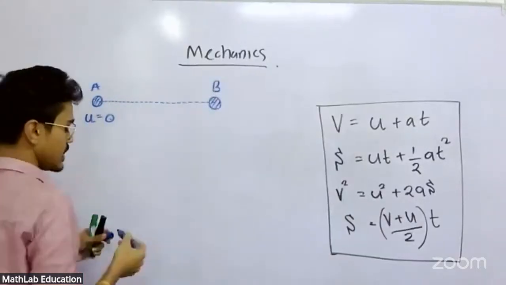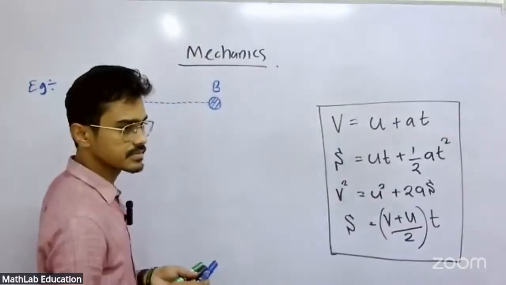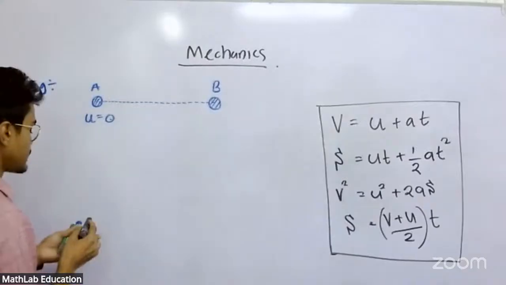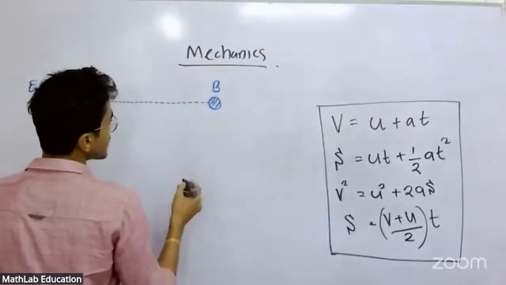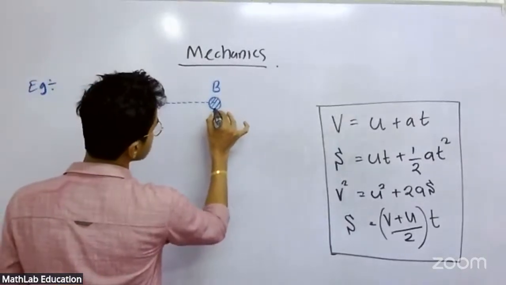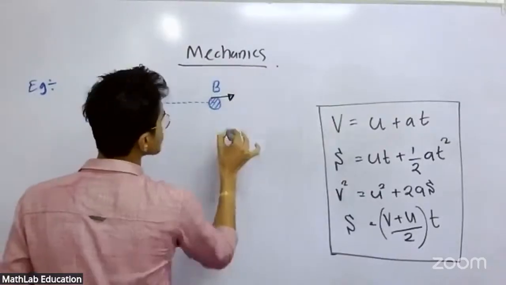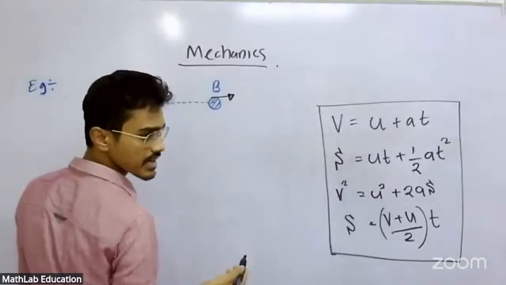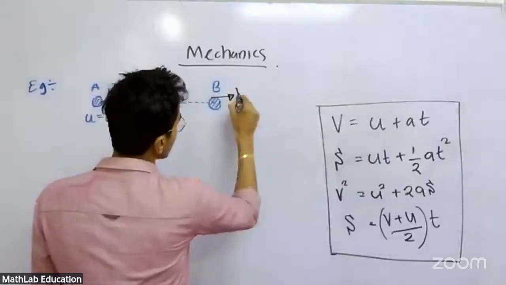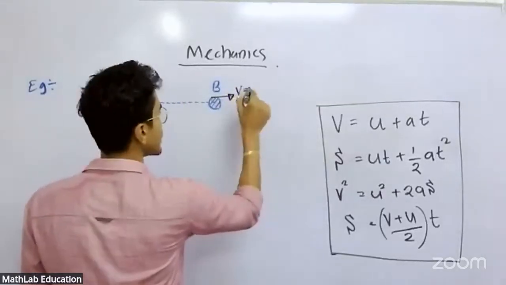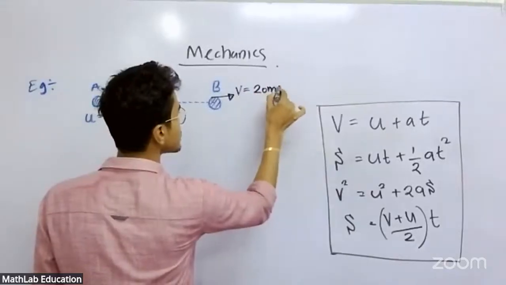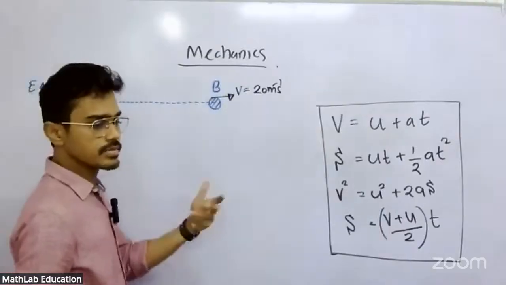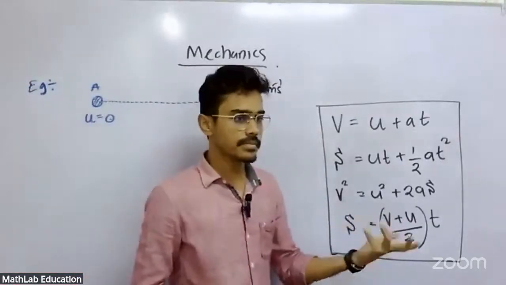Let's say that point is B. Let's say it has gained a velocity at this point of 20 m/s, the final velocity 20 m s^-1. And this motion from A to B consumed some time.